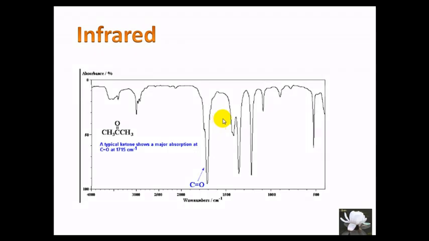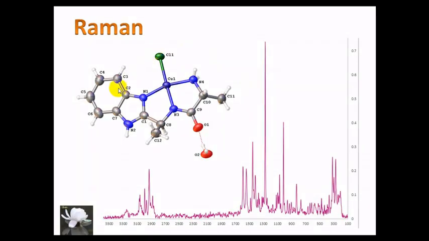In this other example, we can observe the characteristic vibration signal of the carbonyl group. Here is a Raman spectrum, where we can observe the vibrations of copper-nitrogen and copper-chlorine.